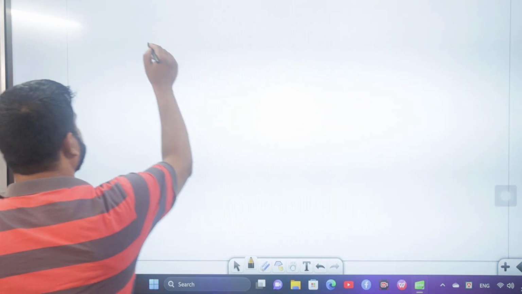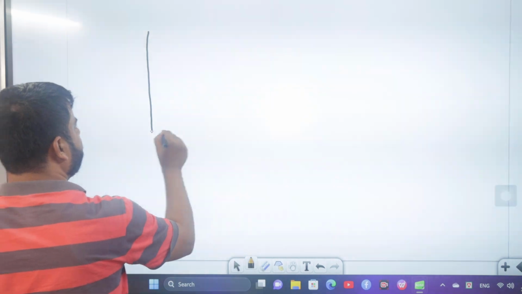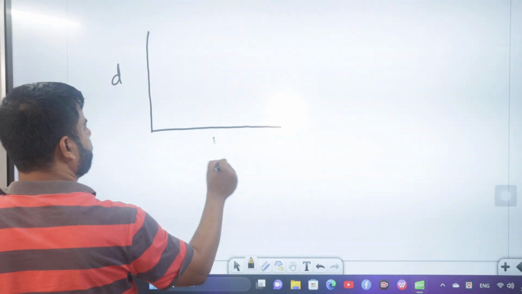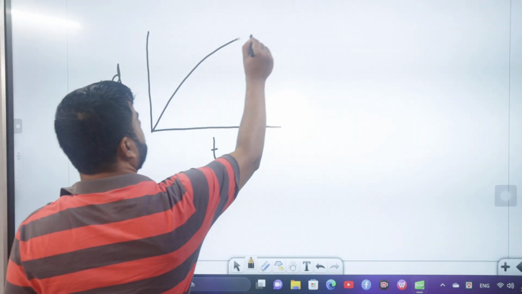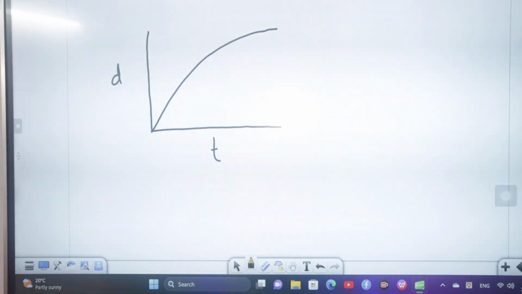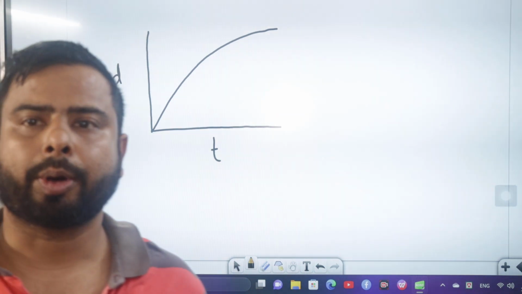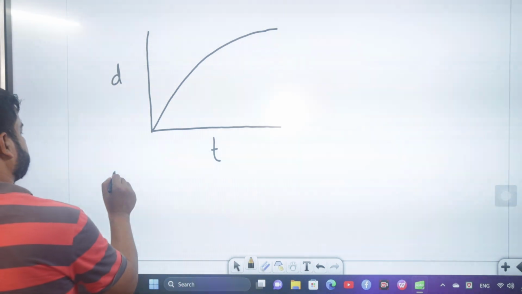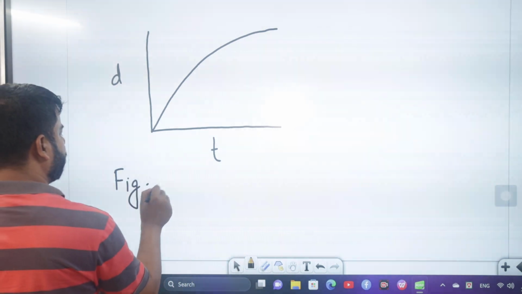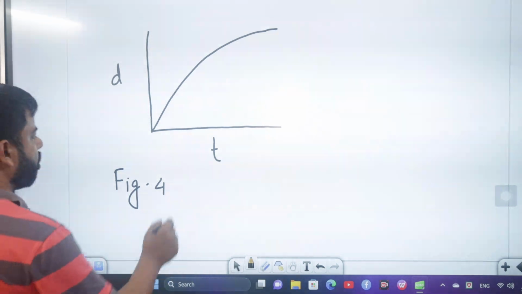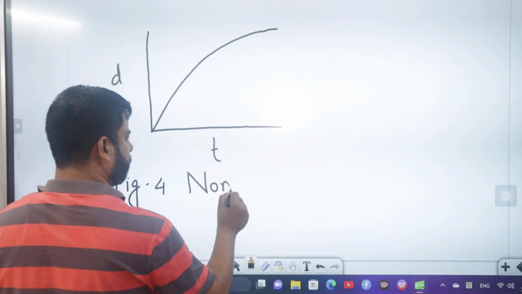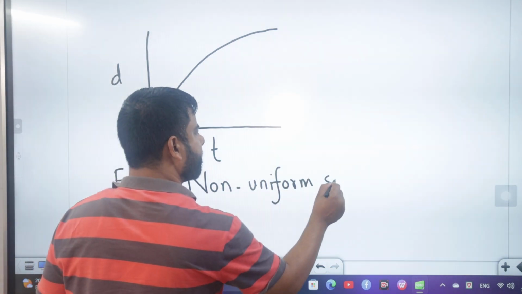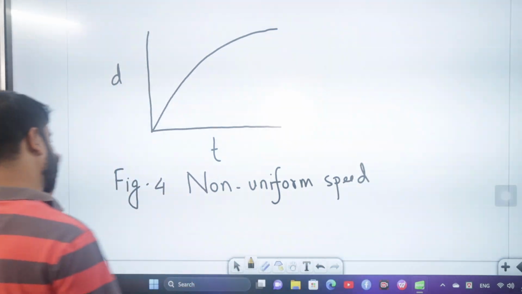Now if the distance time graph is like that, then tell me what type of motion is represented by this graph. Figure 4: non-uniform speed, because it is a curved one.